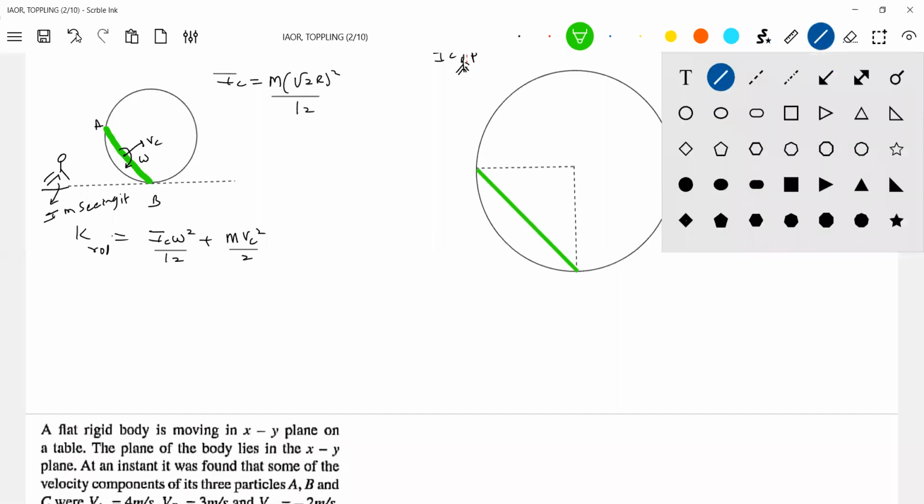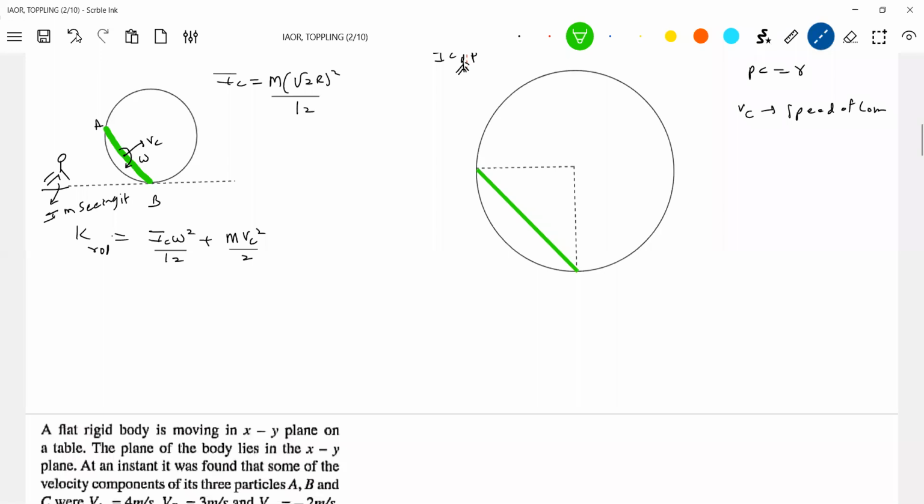Let's get into this one. So here I'll extend this. This is the center of mass, or the instantaneous center, and there's the velocity of center of mass. I think that's enough geometry.